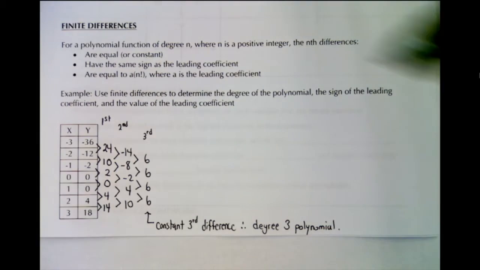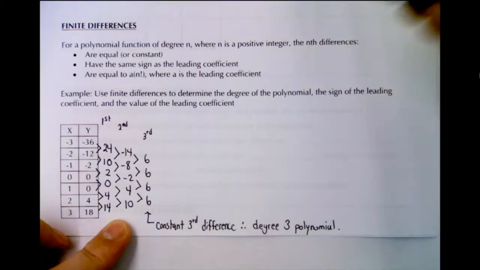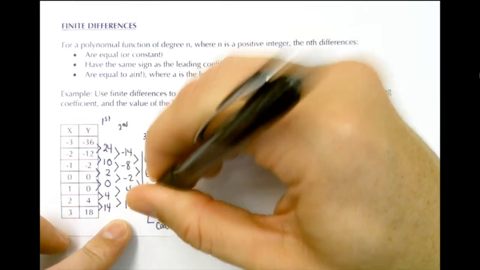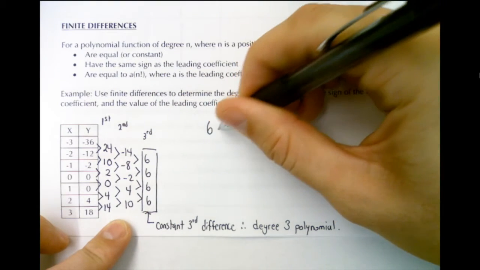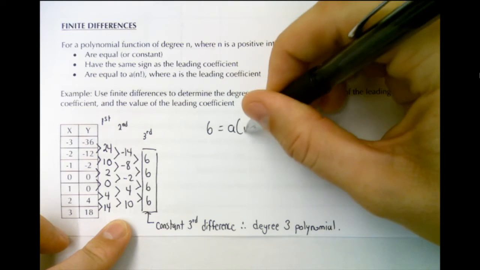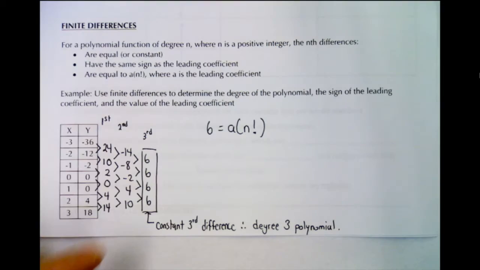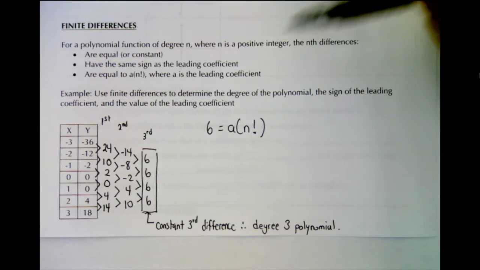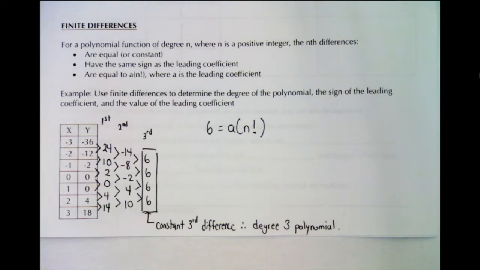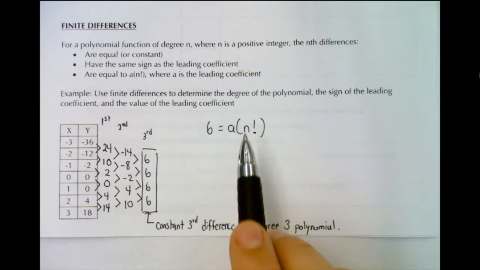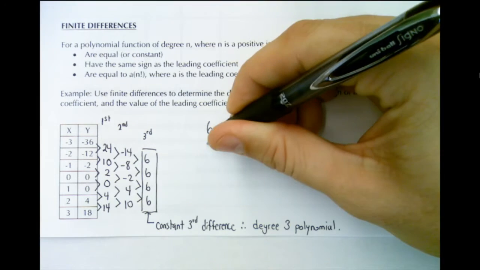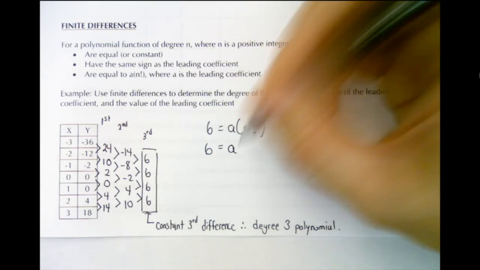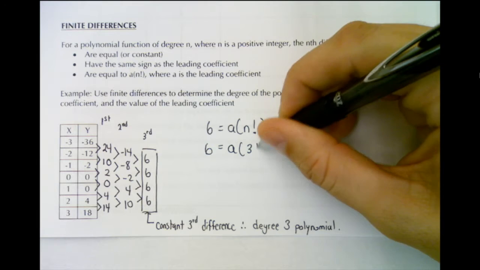So this third difference, the number 6, because that was your constant number, is equal to a times n factorial. What's a? A is the leading coefficient, the term in front of the x cubed, and n is the degree. We just found out that this is a degree 3 polynomial. So this relationship says 6 is equal to a times 3 factorial.